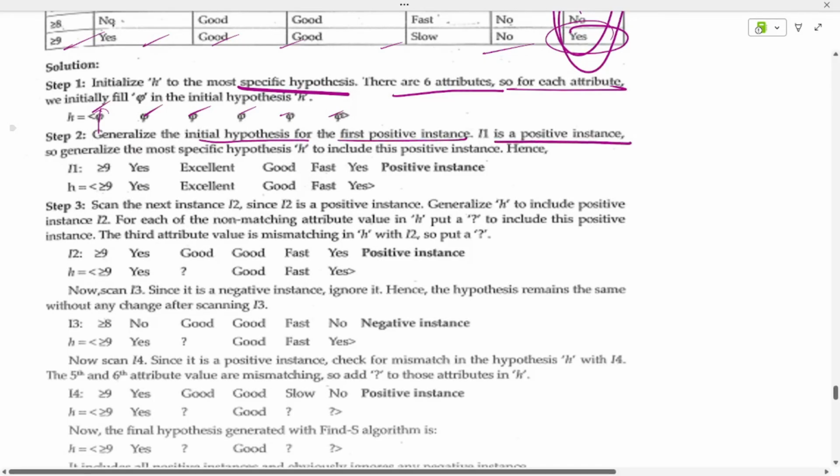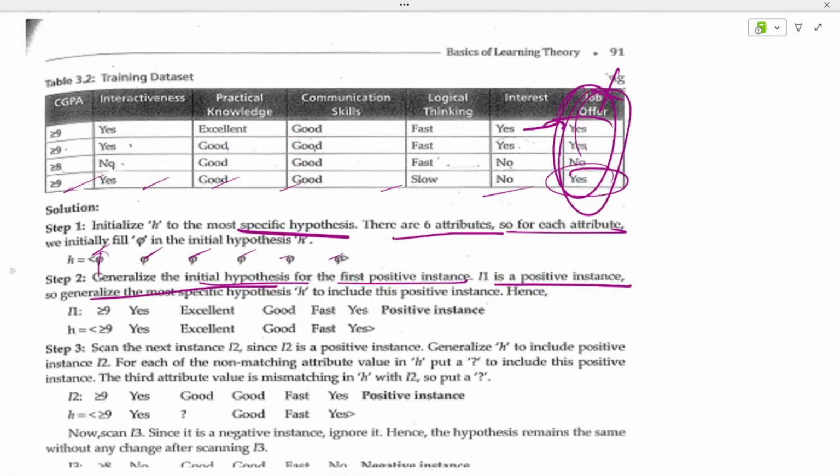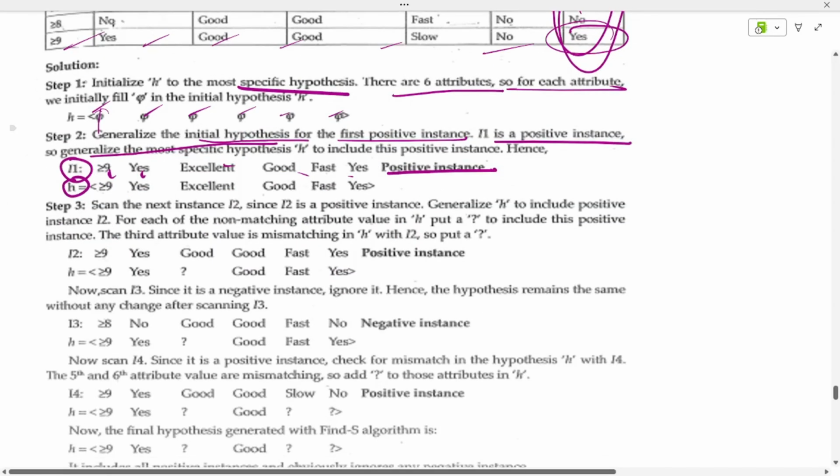Next is generalizing the initial hypothesis for the first positive instance. If it is a positive instance, it will be generalizing. The job offer is yes, so you consider it as a positive instance. The hypothesis will be replaced by the same elements of instance 1. Again the next one is also a positive instance, because the job offer is yes in the second instance.